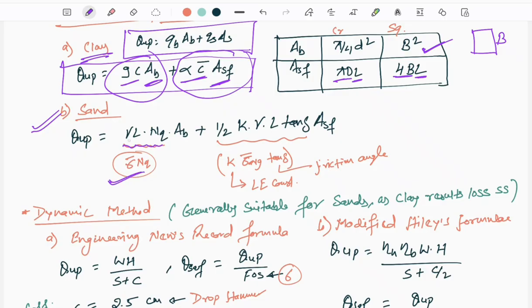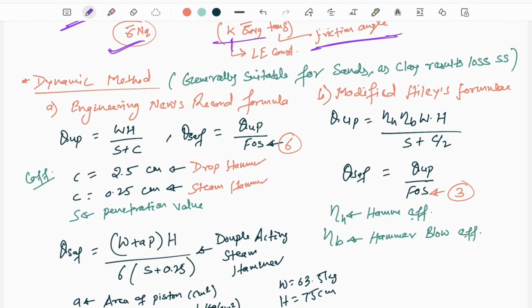That means sigma bar is equal to gamma into L, and half K gamma L into tan delta is nothing but K sigma bar into tan delta. Tan delta involves the friction angle, and K is the lateral earth pressure coefficient. From this formula you can calculate the QUP values for sand.